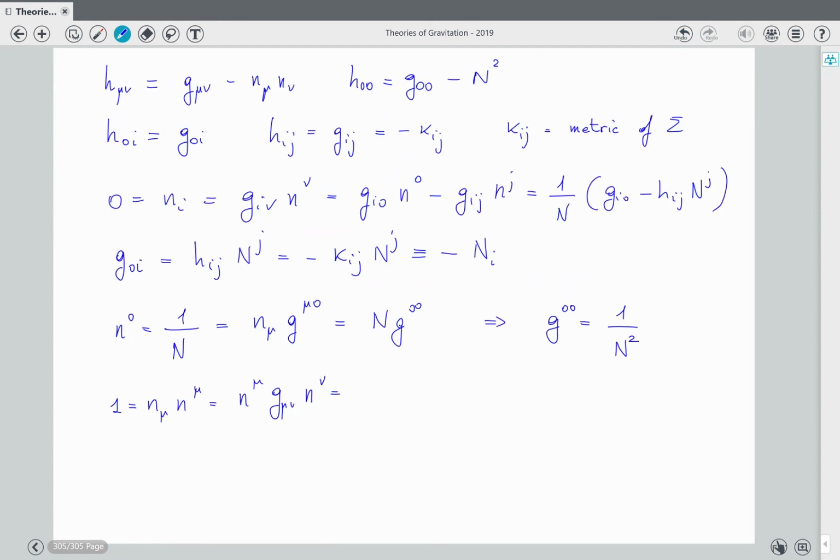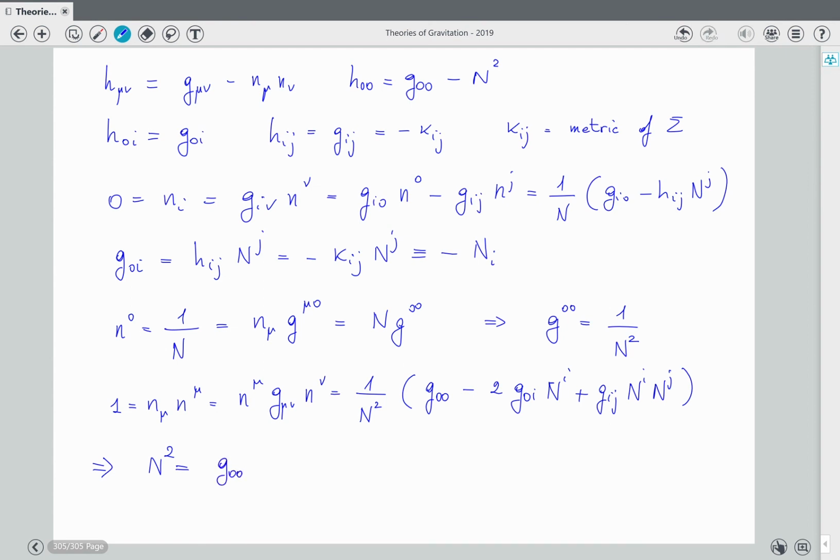So here you have 1 divided by N squared, and then 1 gives g_{00}, then you have minus 2 g_{0i} N^i plus g_{ij} N^i N^j. And this implies what? By multiplying by N squared, that implies that N squared is equal to this.